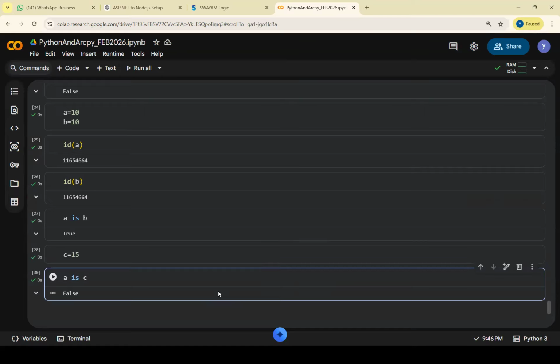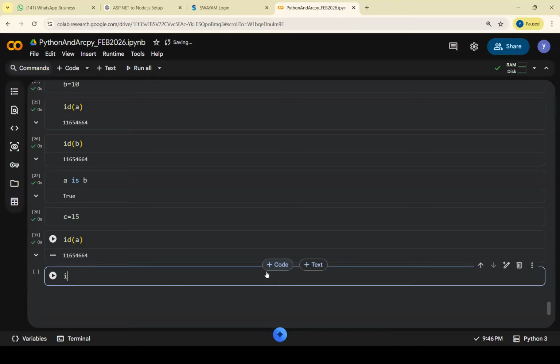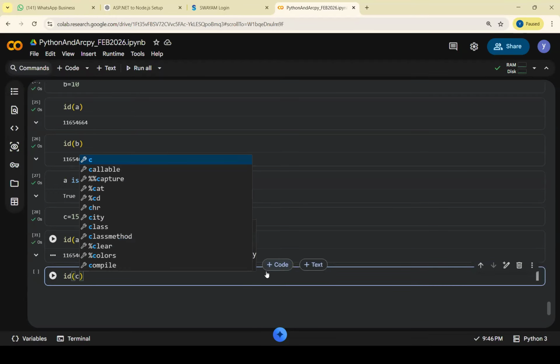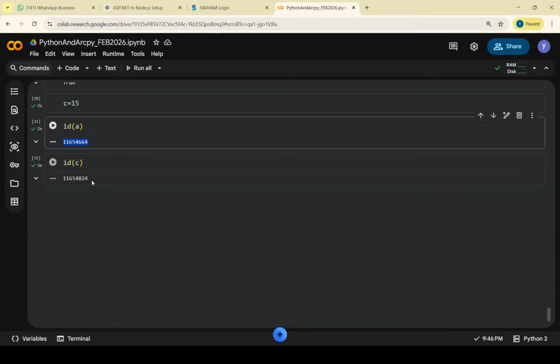Now if I write a is c, then I will get the answer false, because the value of a is 10 and the value of c is 15. There is no need to even check the address, because the values are different. Still, if you check the ID of a and the address of c, which is 11654824, the addresses do not match either.